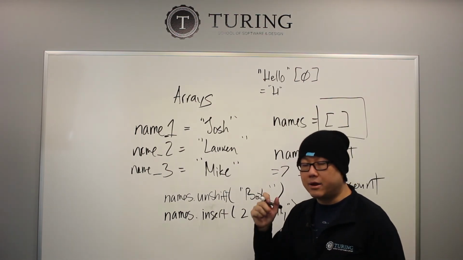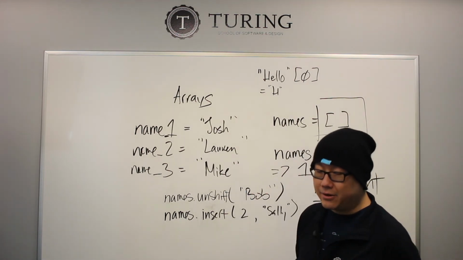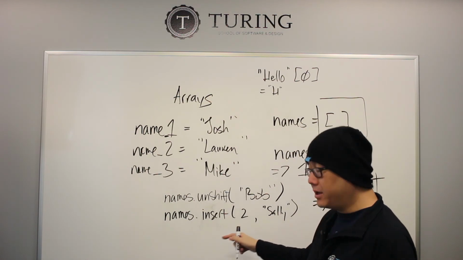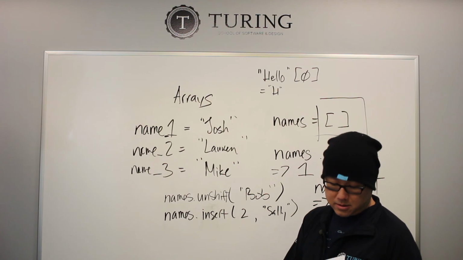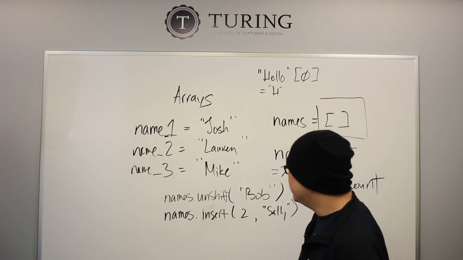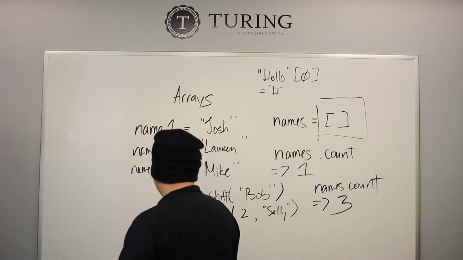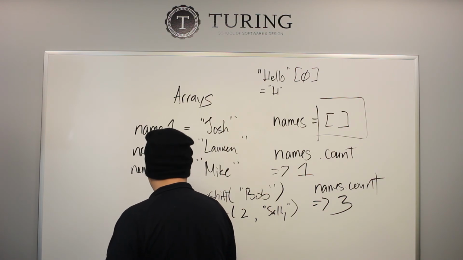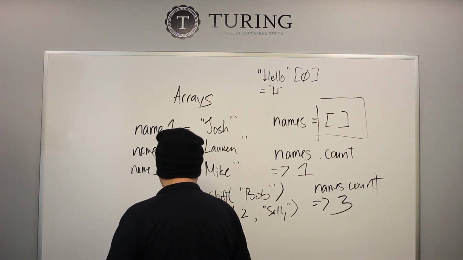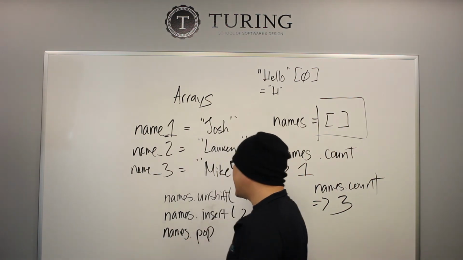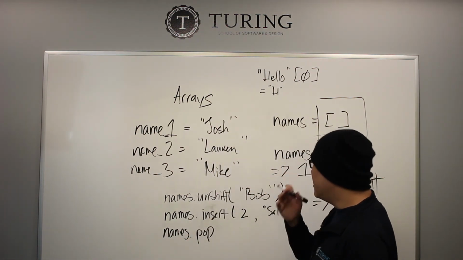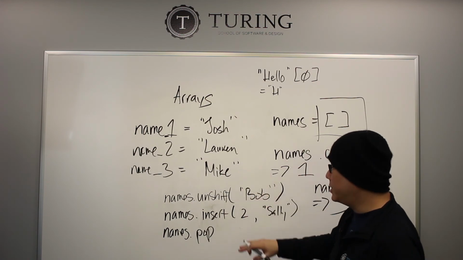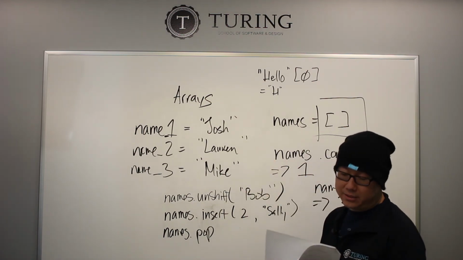You might need to write it out and do the math and do the counting out. But we can see that we have inserted Sally exactly where we want to. And finally, the pop method. Pop does not take an argument, but if we run names.pop, then we type in names again, we'll see that names is missing the last one. So if I'm correct, Mike will no longer be the last one, Lauren will be the last one.